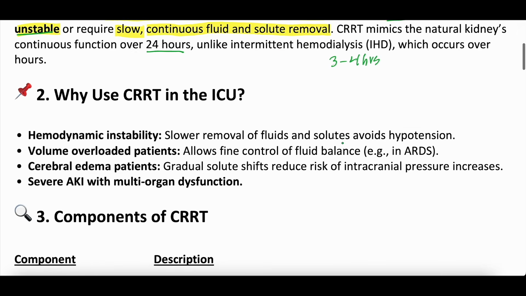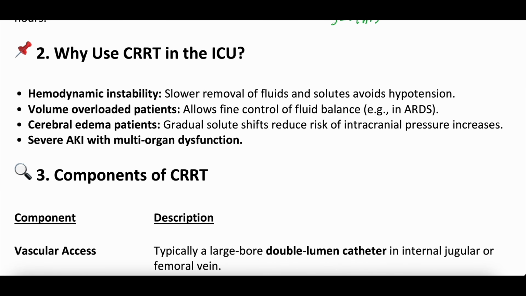So why use CRRT in the ICU? Well, as we mentioned, you can do intermittent hemodialysis in the intensive care unit, of course. So when do we use continuous renal replacement therapy, CRRT? As we mentioned, hemodynamic instability is probably the biggest one. Because it's continuous, there's slower removal of fluids and solutes, so hypotension is better tolerated.